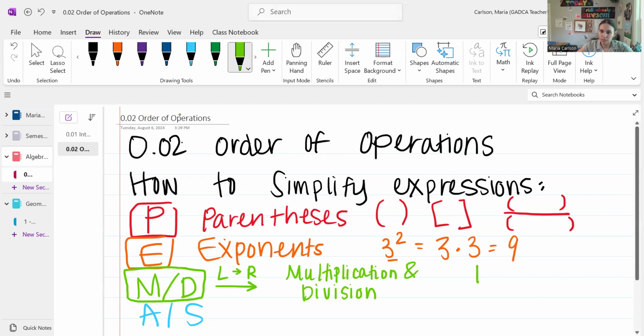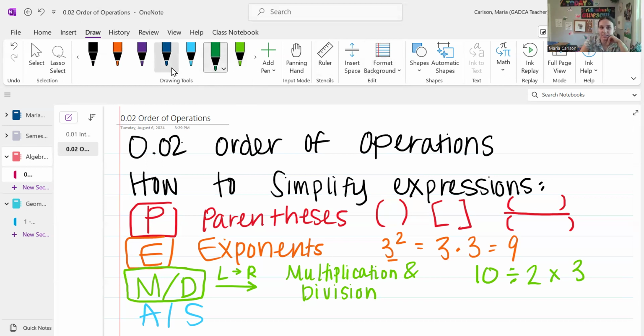If we have the problem 10 divided by 2 times 3, we wouldn't want to start with 10 times 3 first because of the multiplication. 10 times 3 is 6. And what's 10 divided by 6? That gets a little bit messy. We always want to treat this from left to right. So I would first begin by doing 10 divided by 2, which gives me 5, and 5 times 3 gives me 15.